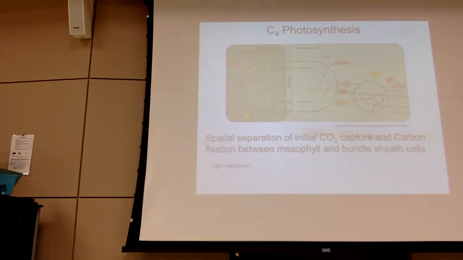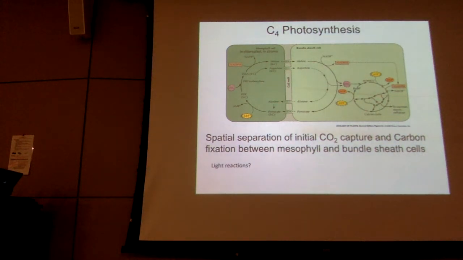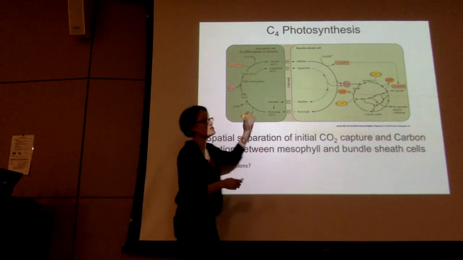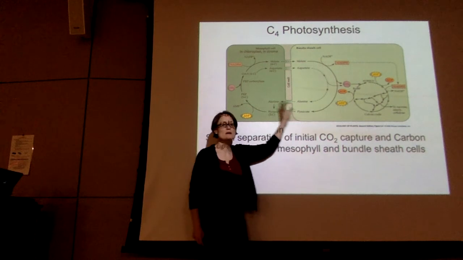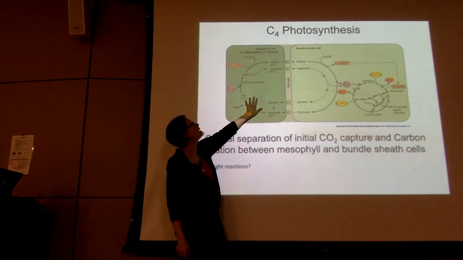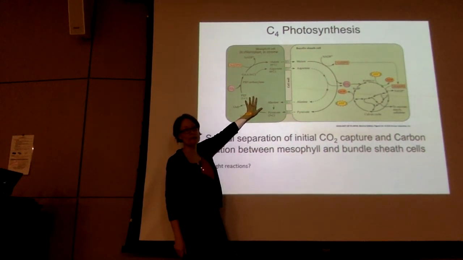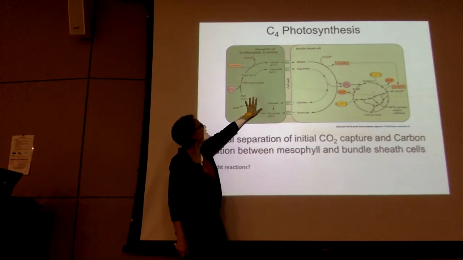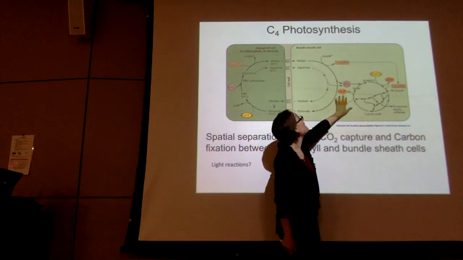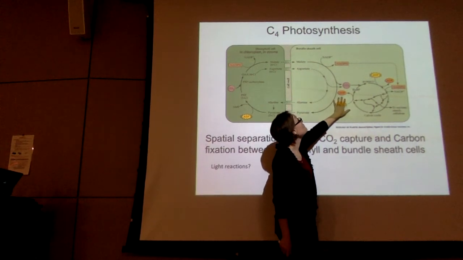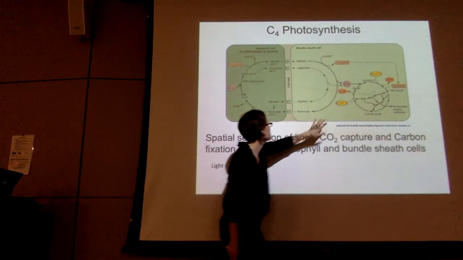In C4 photosynthesis, I want to orient you to what you're looking at real quick before we talk about how the photosynthesis is different. Here we actually have two separate cells. What you're looking at here would be happening in the stroma of our chloroplast in the mesophyll cell, and these would be happening in a bundle sheath cell, okay?